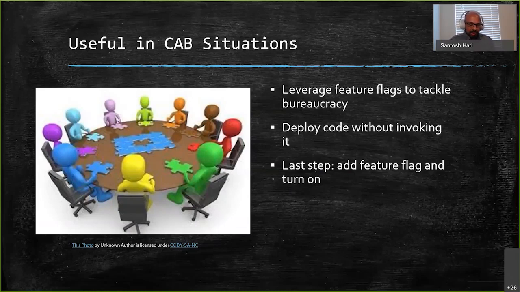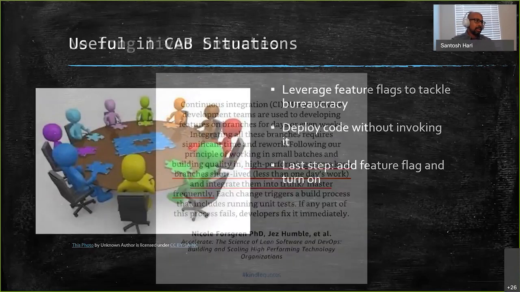So what I would say is, start writing small sections of your code, deploy them, but do not put them in the production path. When others do their deployments and releases, your code simply gets deployed. And in the final step, add a feature flag, turn it on, and submit it to the CAB board. This technique has worked beautifully for me across various agencies, and hopefully it helps you at some point.